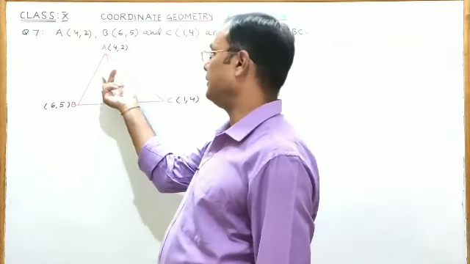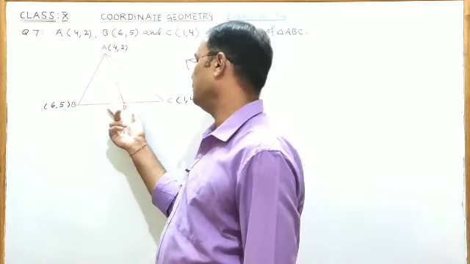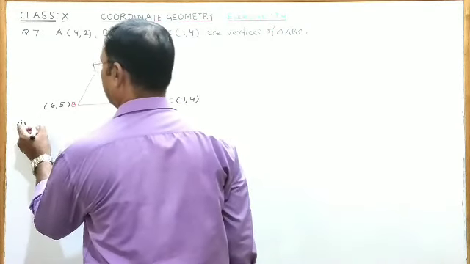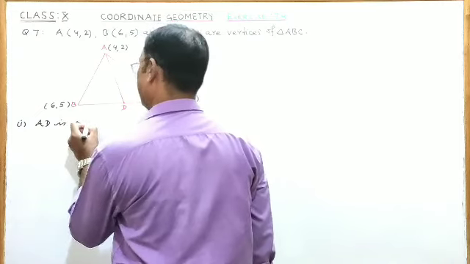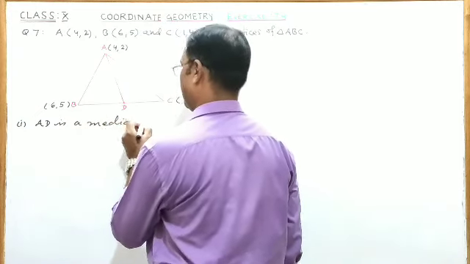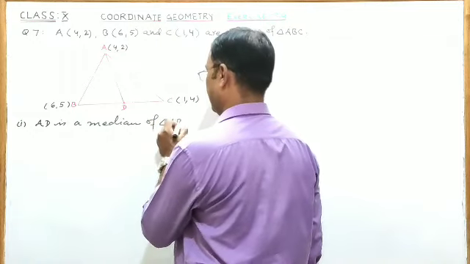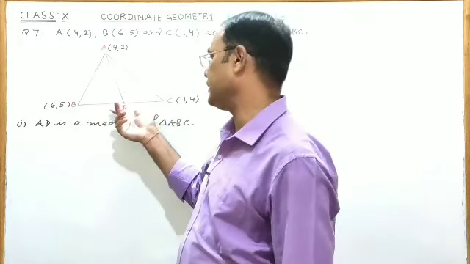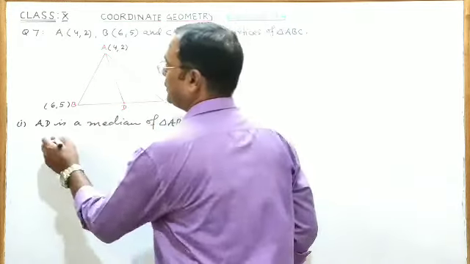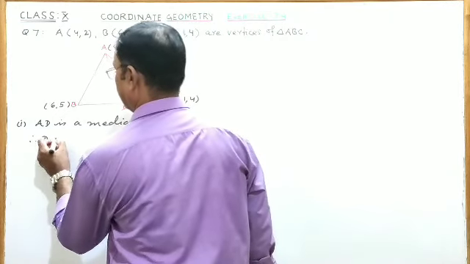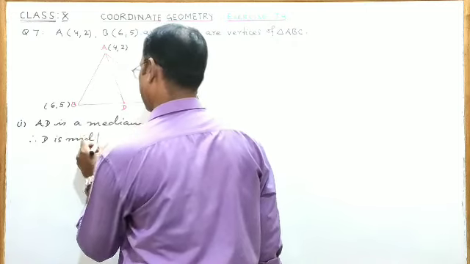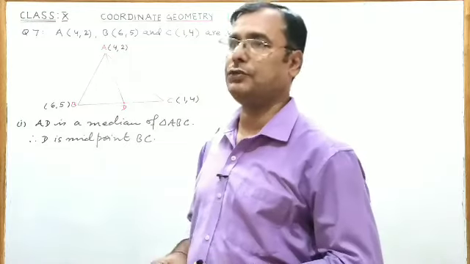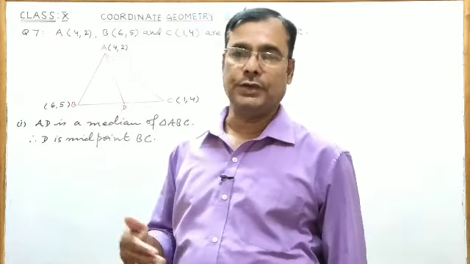AD is drawn, median of triangle ABC from vertex A to meet BC at point D. So here in first part it is given that AD is a median of triangle ABC which meets BC at point D. So we have to find coordinates of point D, which is midpoint of BC, because median is the line segment joining midpoint of a side to its opposite vertex.